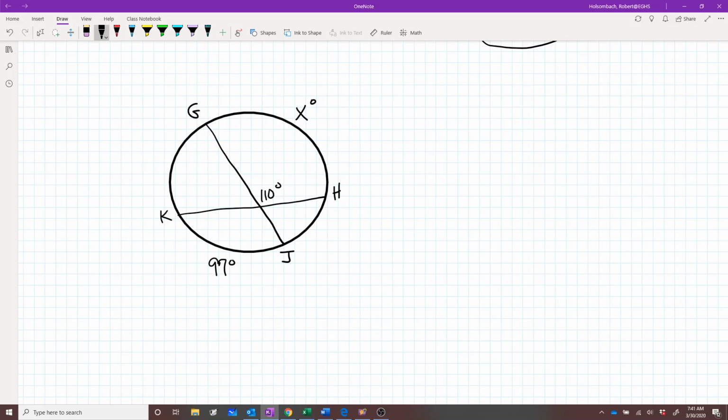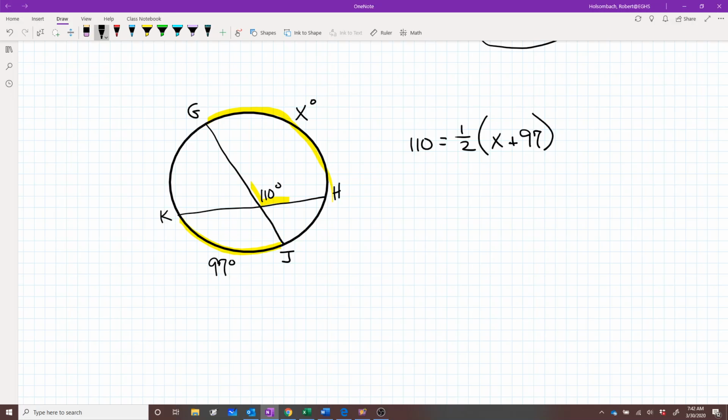So if we use the rule from above, then this yellow angle is going to be equal to 1/2 of this arc plus this arc. So let's set this up. 110 is going to be equal to 1/2 times x plus 97.